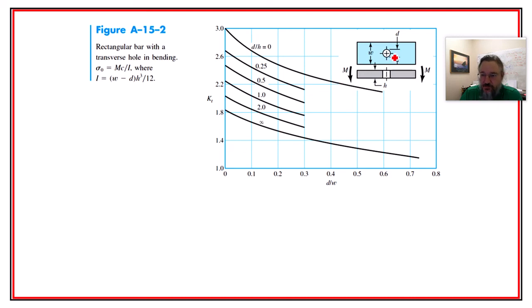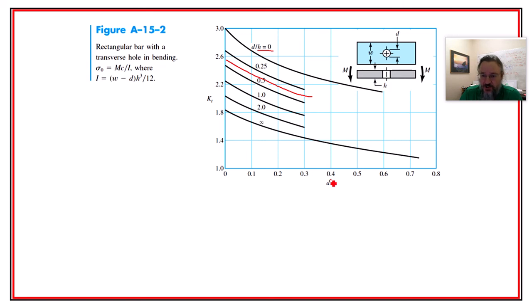Here's one where we have a bending about a plate with a hole, and the ratio now is going to be D over H, right here. So the thickness actually matters. We have to be careful because we might have to interpolate: if 0.375 was that ratio, we might have to draw a line in between the 0.25 and the 0.5.